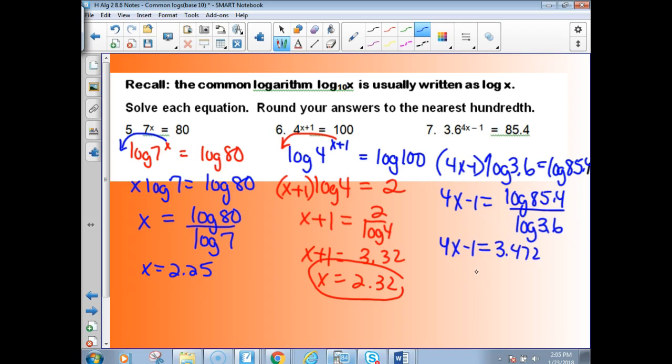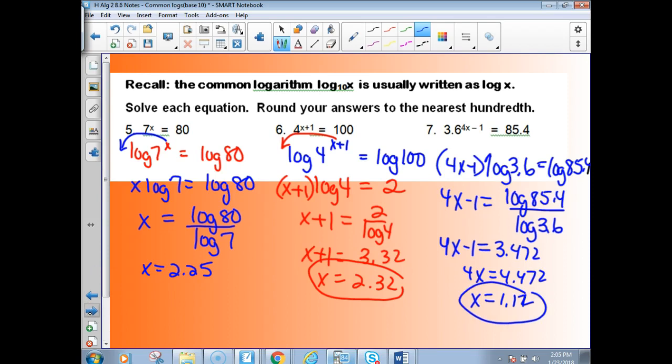And then I'm going to add 1. And then divide by 4. I think it's 1.11, and then oh, so that should round to 1.12, to the nearest hundredth.